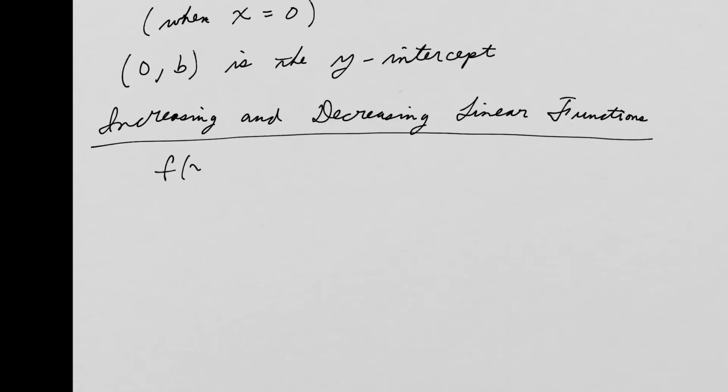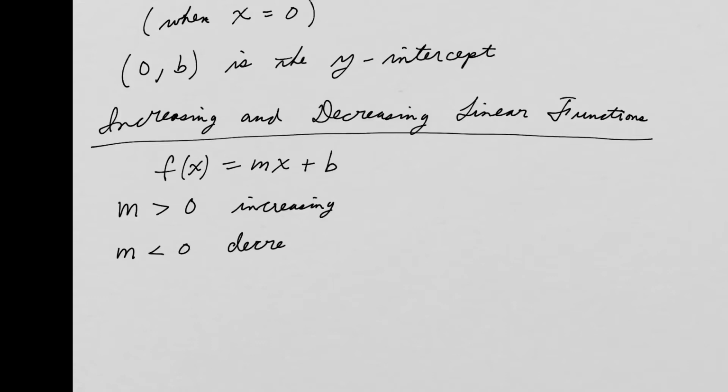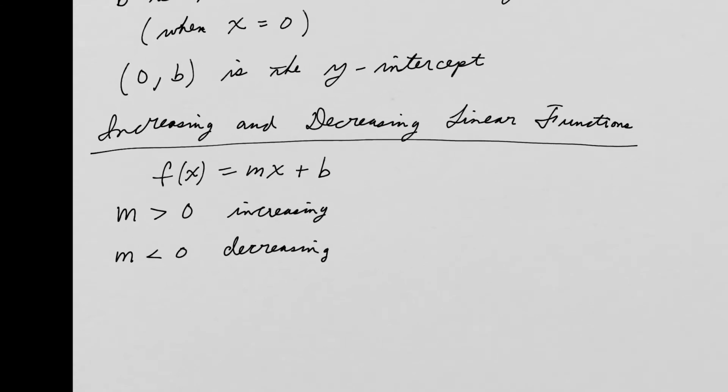So if you have a linear function, f of x equals mx plus b, the way that we determine whether it's increasing or decreasing is by looking at the slope, right? So if the slope is positive, if it's greater than 0, then the function is increasing. If the slope is negative, so if it's less than 0, it's decreasing. And then if the slope is equal to 0, then the function is constant.